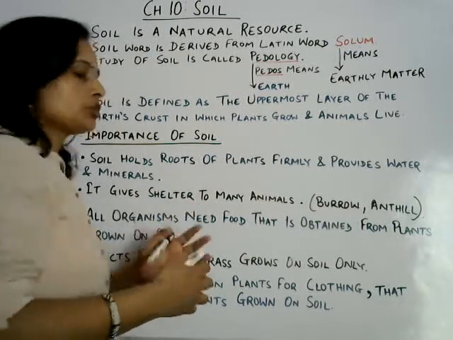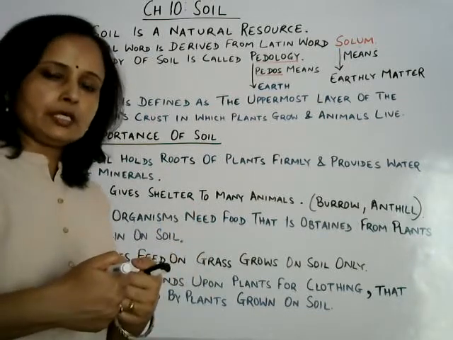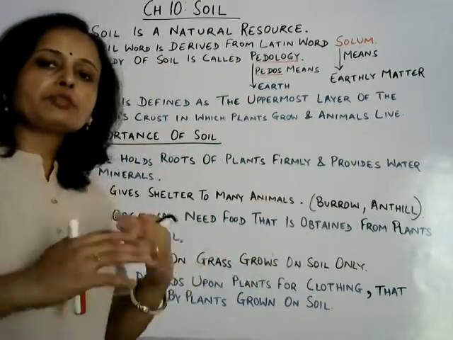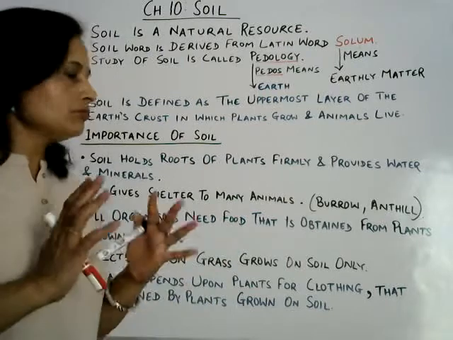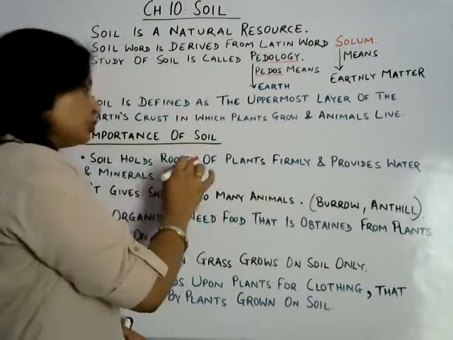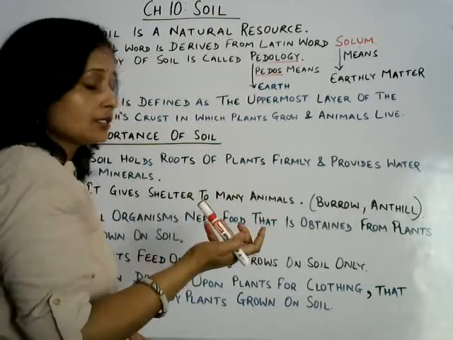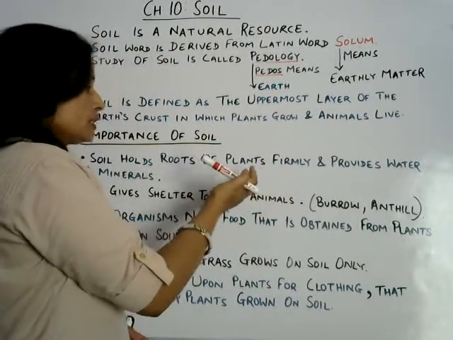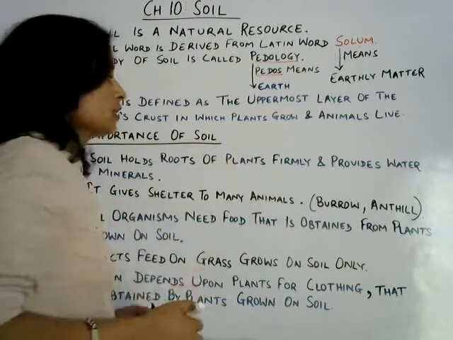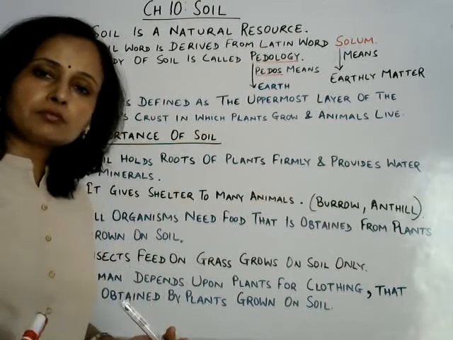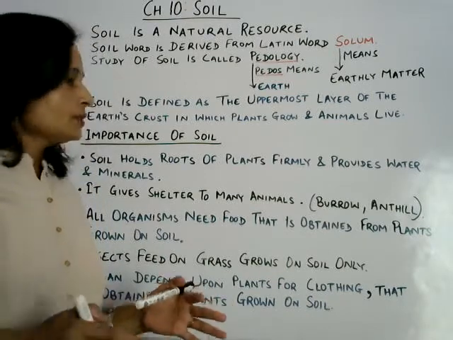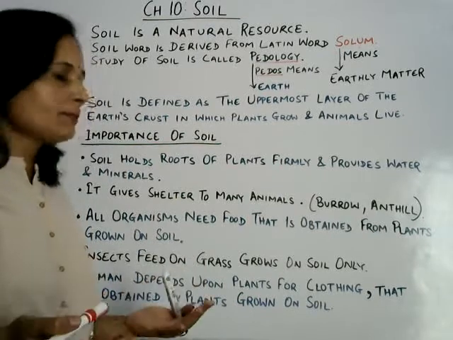Roots absorb water and minerals found in soil and supply them to different parts of the plants. Without soil plants can't get water and minerals. Then how will the process of photosynthesis take place? It can't, right? So soil is important for plants.